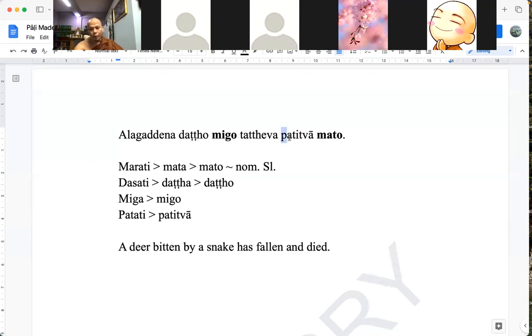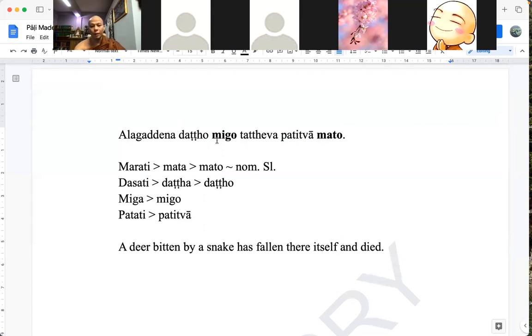And before that gerund verb there is one other adverb, you see, "tattheva", there itself. So in this way, a deer bitten by a snake has fallen there itself and died, or passed away. So in this way we can translate: alagadena dato migo tattheva patitva mato.